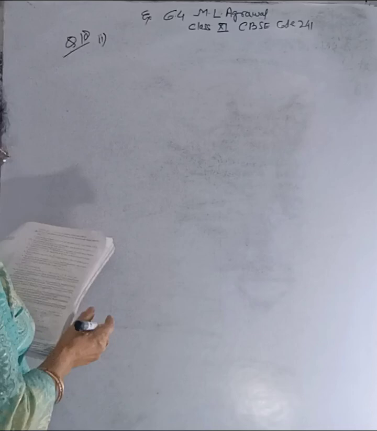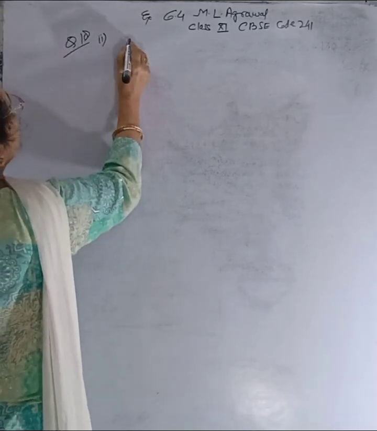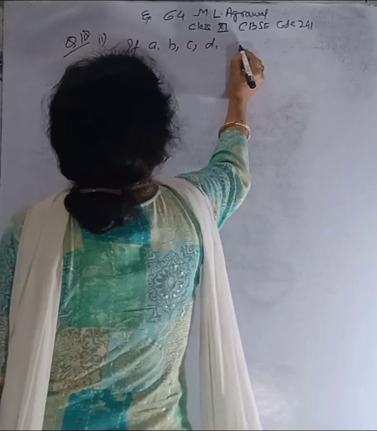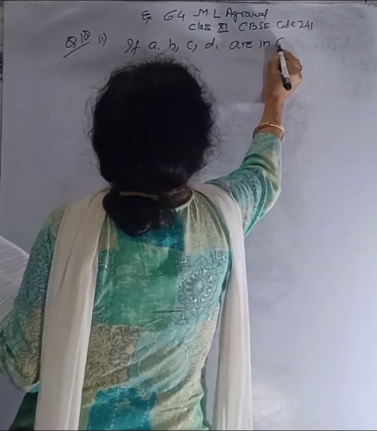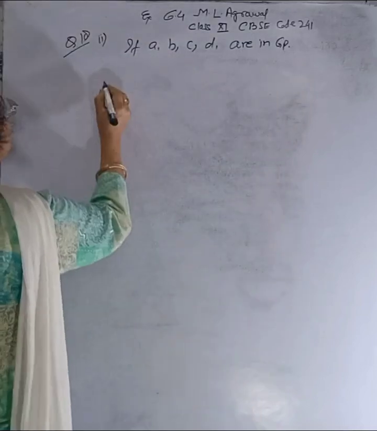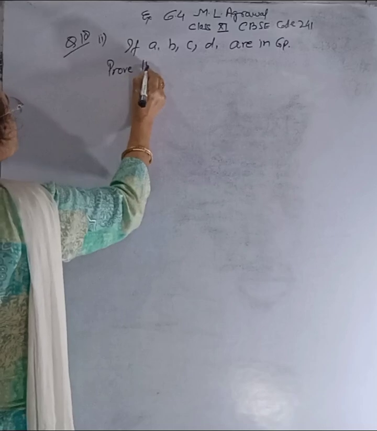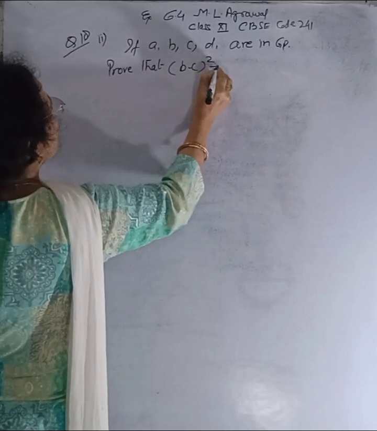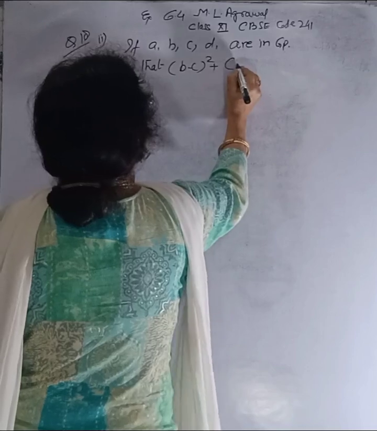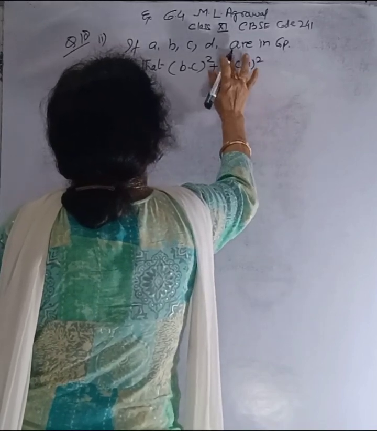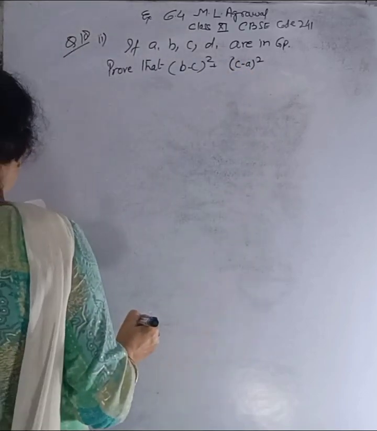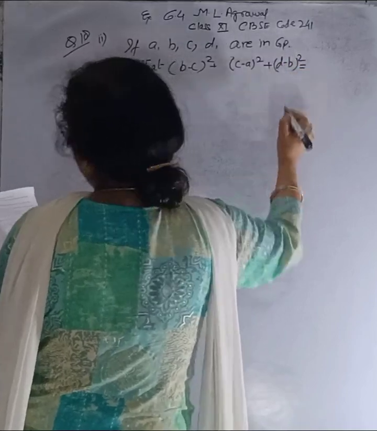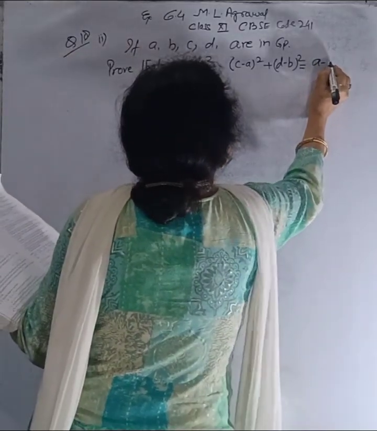We are given that if A, B, C, D are in GP, prove that (B minus C) whole square plus (C minus A) whole square plus (D minus B) whole square will be equal to (A minus D) whole square.